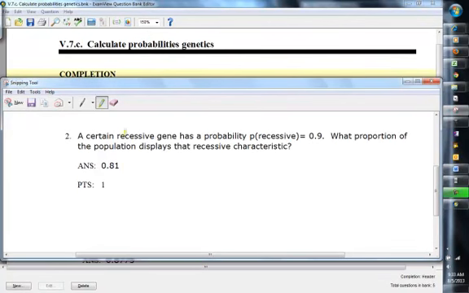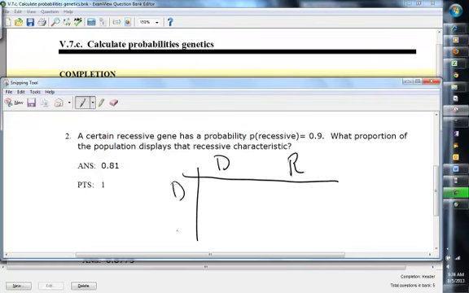The table has 4 possibilities. You have dominant and recessive, dominant and recessive. Those are the 4 different possibilities. It says the recessive gene is 0.9, so the dominant gene is 0.1. So the probability of DD, dominant and dominant, is 0.1 times 0.1, which is 0.01.